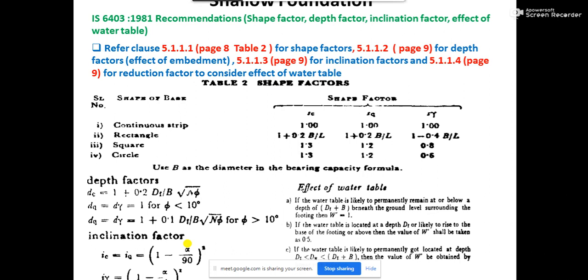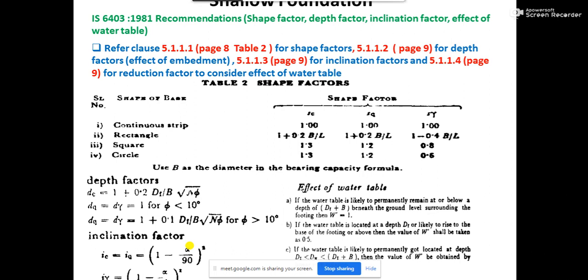However, while applying the formula, you must convert it from the horizontal angle to the inclination with the vertical axis, and then only put the value over here. So alpha is basically the inclination of the load with the vertical axis of the column.